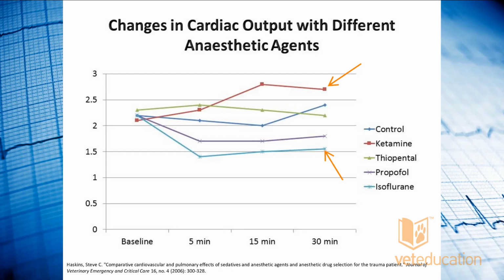We've got a cardiac output maybe of 2.3 here, and it drops down to 1.4 here, and it really doesn't recover all that well in the first 30 minutes when animals are maintained on it. We can see propofol, when it's given as a bolus, can decrease cardiac output quite significantly as well, and it remains reasonably low throughout this period of anesthesia.